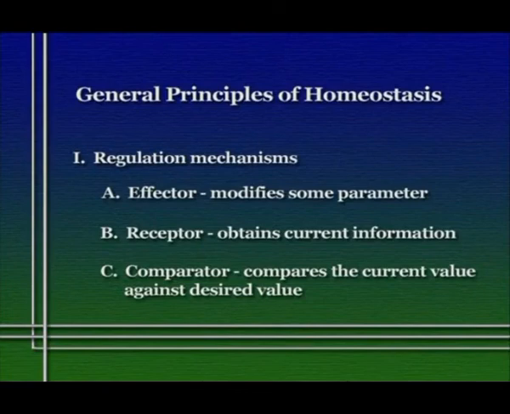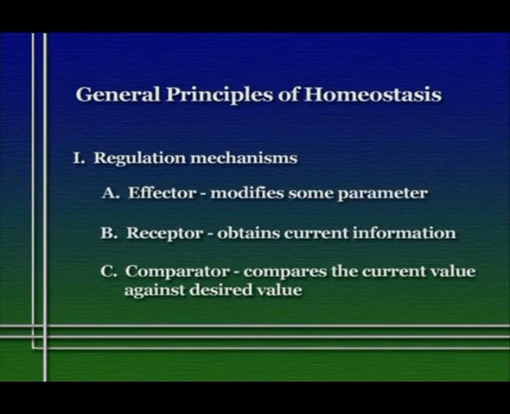The comparator in our driving example might actually be the brain of the person who's driving, which looks at the speedometer, knows that it should be at 65 miles an hour and makes the adjustment. Or it could be a cruise control computer, which also takes information from the speedometer and automatically will adjust at least the accelerator.